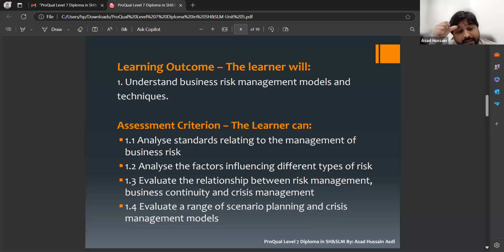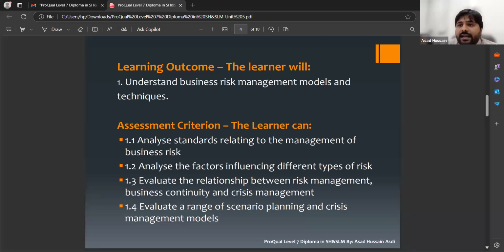In this assessment criteria, the candidate has to explain, give narration on the relationship, not define each and everything. He has to give his narration, his explanation of what he has evaluated when it comes to the relationship between risk management, business continuity, and crisis management.